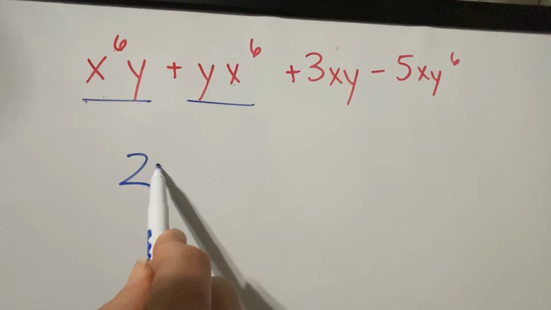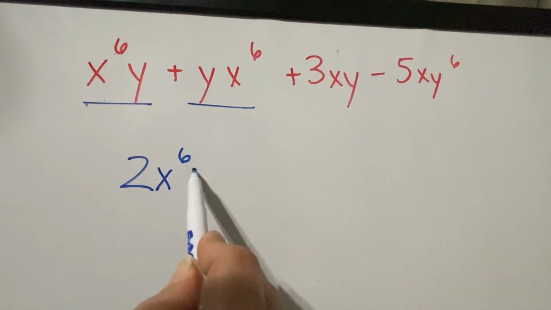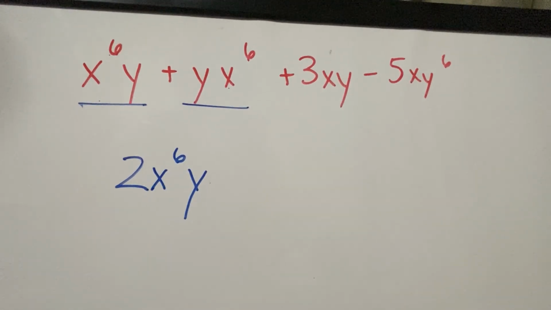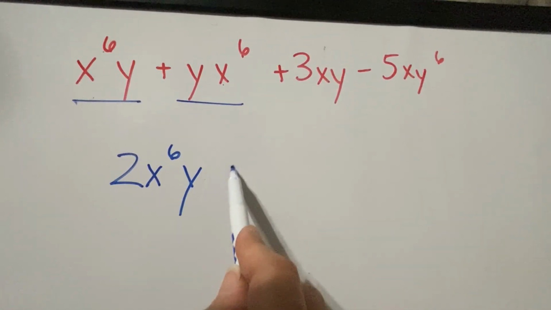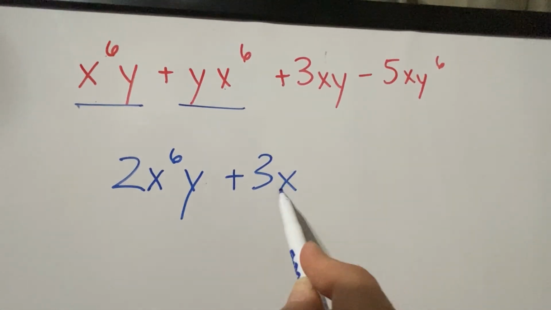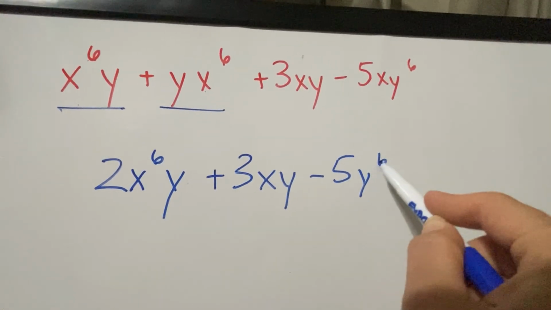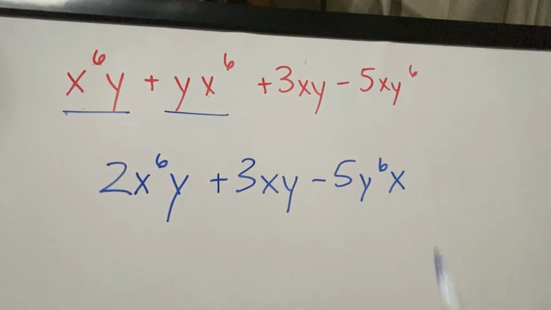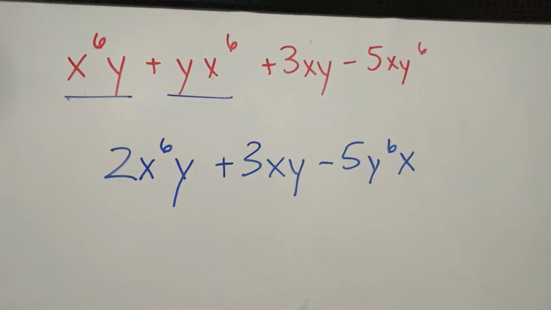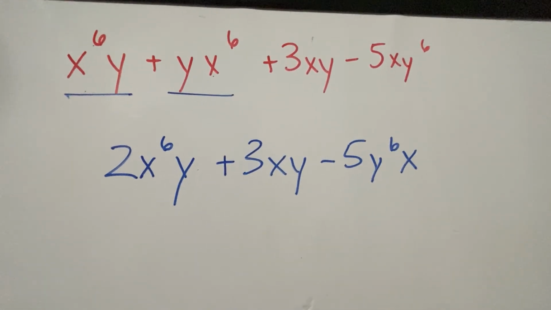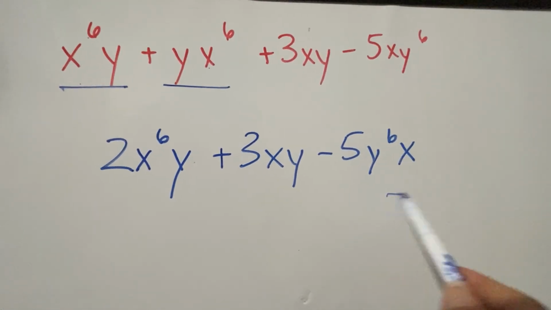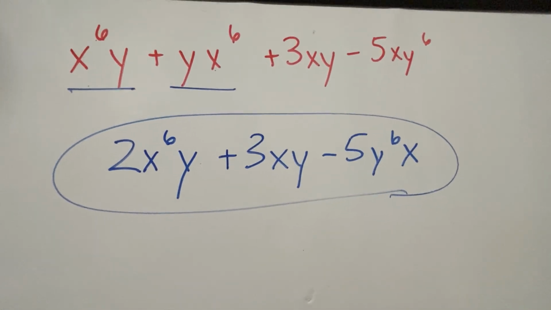I'm going to start with the biggest exponent value there with the 6. And it doesn't matter which order we put these in. I am going to change this to y to the 6th x so that that gets turned around with my biggest exponent first. So that is the answer.